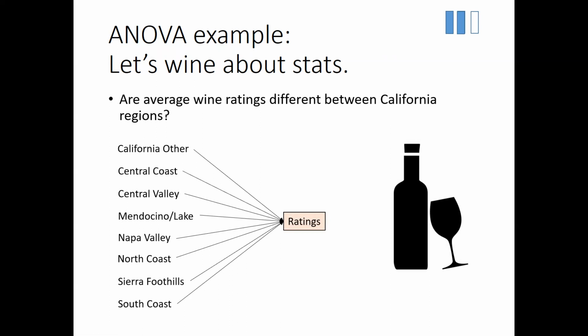Yeah, the ones that most people know are Sonoma and Napa, which is 2, 3, 4, 5, 6, 7. Anyway, so yes, are there differences between these regions in the average wine rating, right?